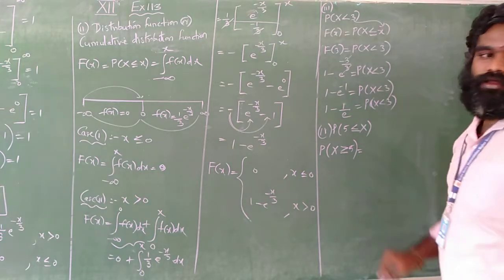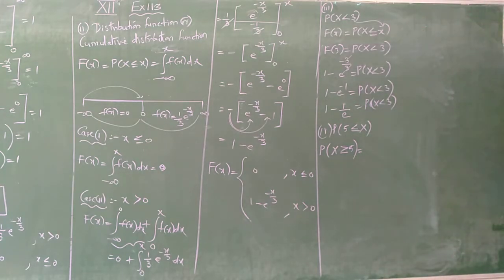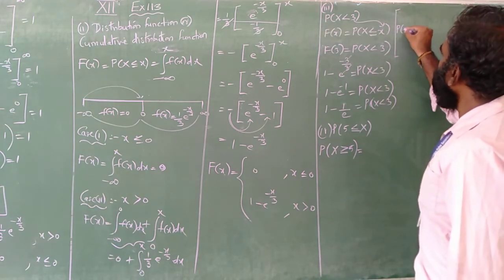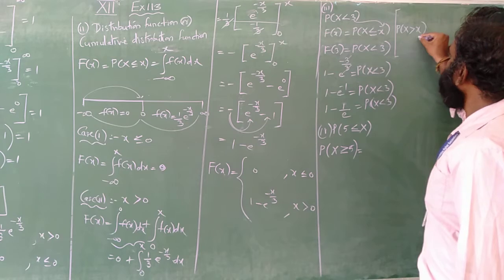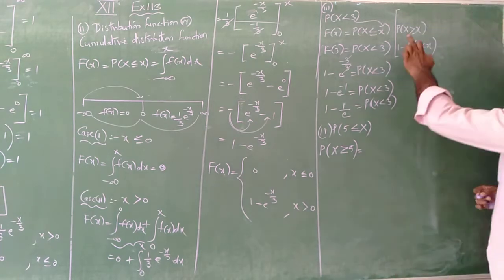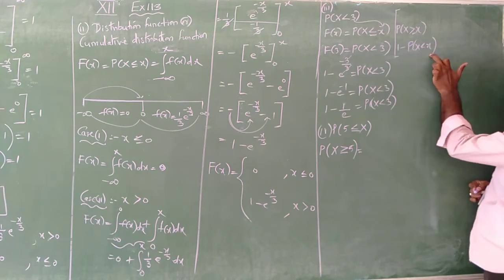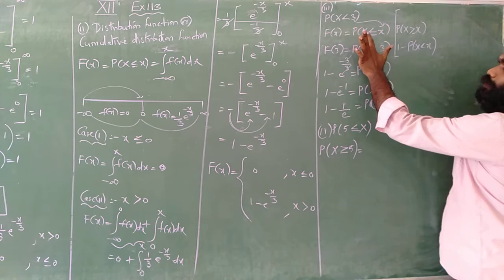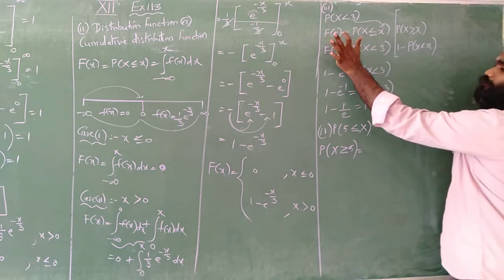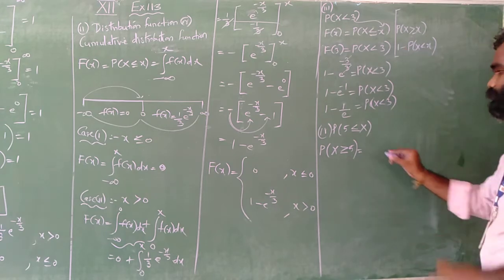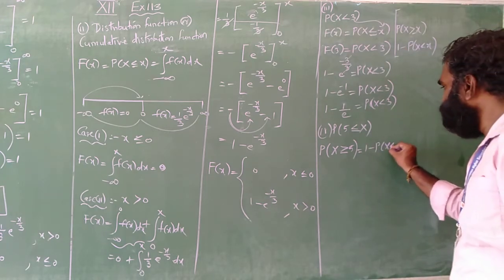We know a formula: P of x greater than x can be written as 1 minus P of x less than x. If it is greater, I can change to 1 minus, because we have a formula only for less than or equal to x, that is F of x. For greater we don't have any formula, so I need to convert to 1 minus P of x less than 5.